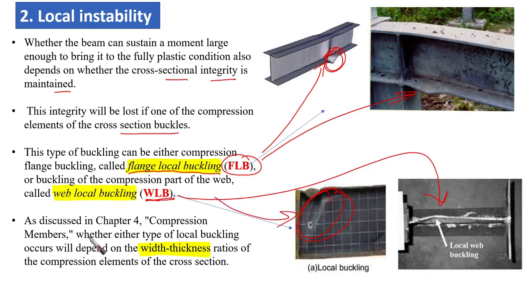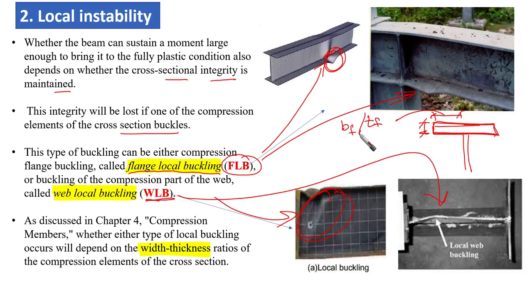Okay, so how can we control this? If we have this web and flange, we are going to control it based on these two parts. For the flange, it is the width of the flange, b flange over t flange.